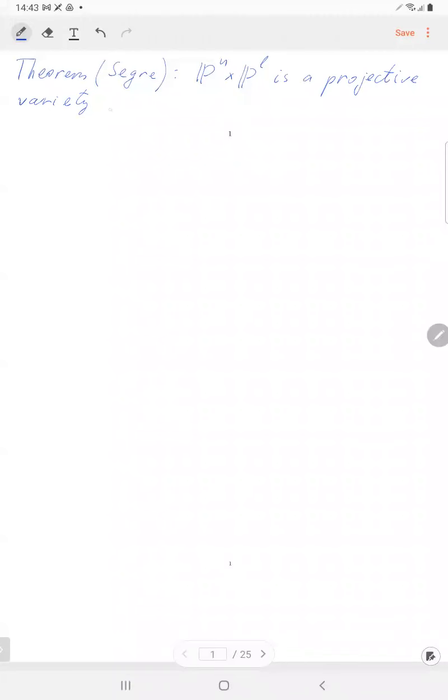Namely, it is a closed subvariety in some big projective space P^(nl+n+l). Okay, and hence if we have two projective varieties X and Y, their product is projective as well.